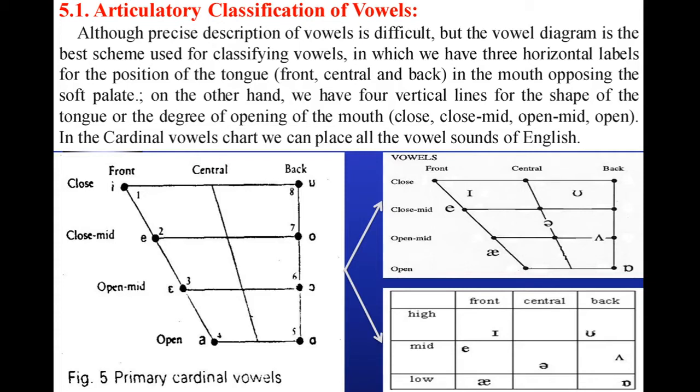On the other hand, we have four vertical lines for the shape of the tongue or the degree of opening of the mouth: close, close mid, open mid, and open.